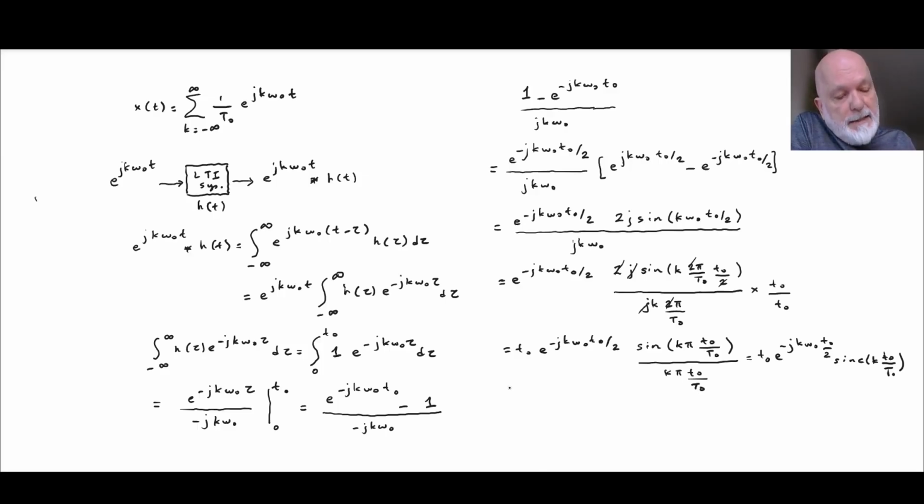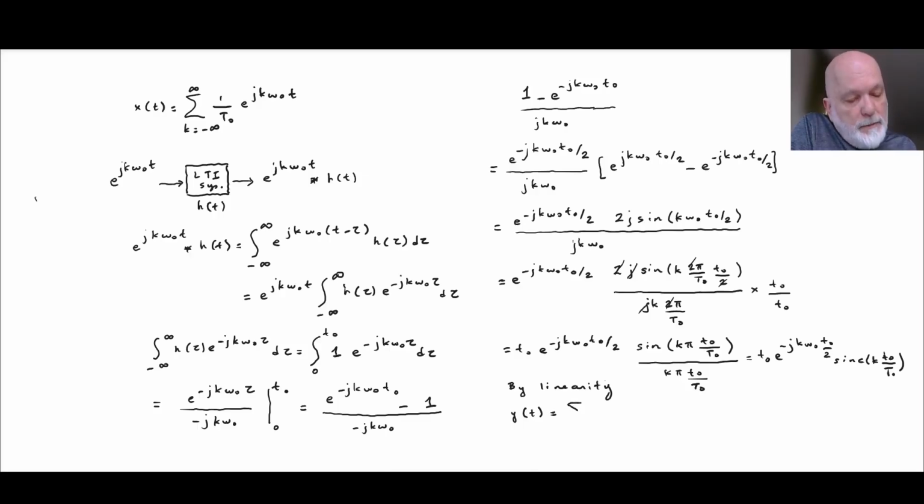So by linearity, now when x of t is chosen as the individual complex exponential signal e to jk omega 0 t, we obtain e to jk omega 0 t multiplied by this constant. Okay, and therefore y of t will be the superposition of all these terms.